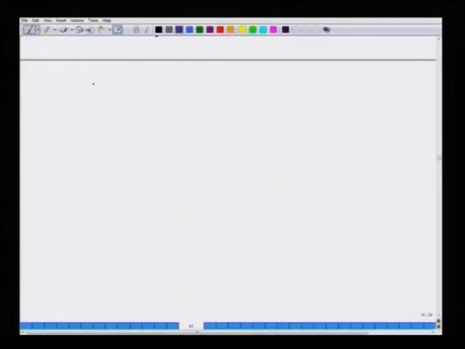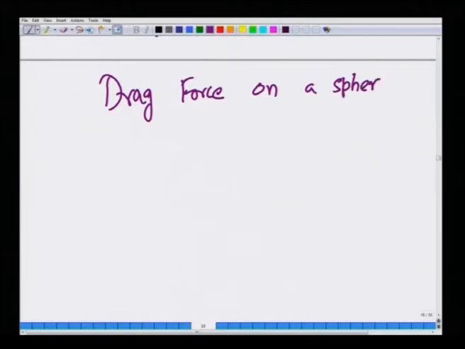So, let me complete my discussion on dimensional analysis by summarizing through this example of drag force on a sphere. Okay. We had 5 dimensional parameters.